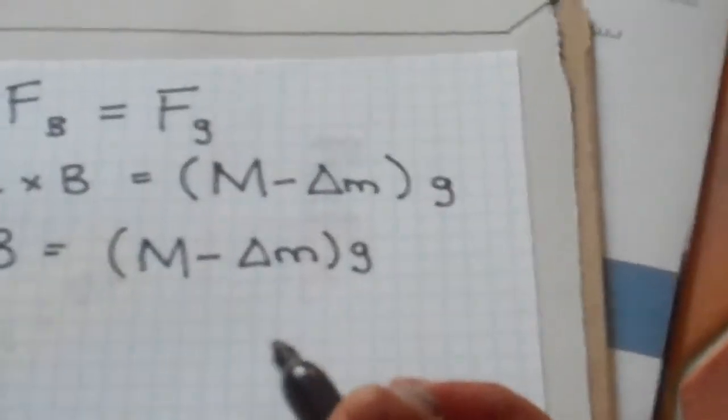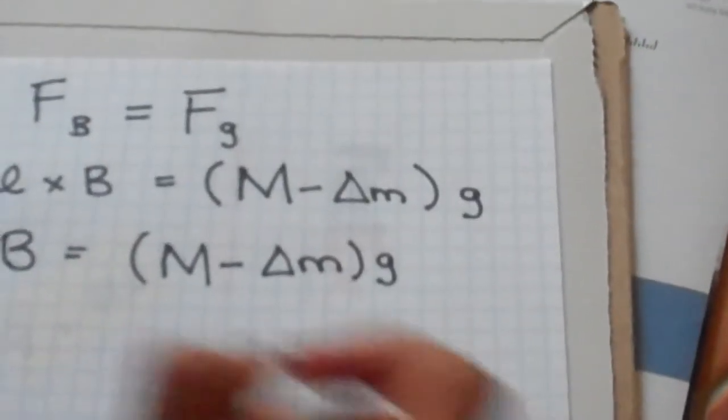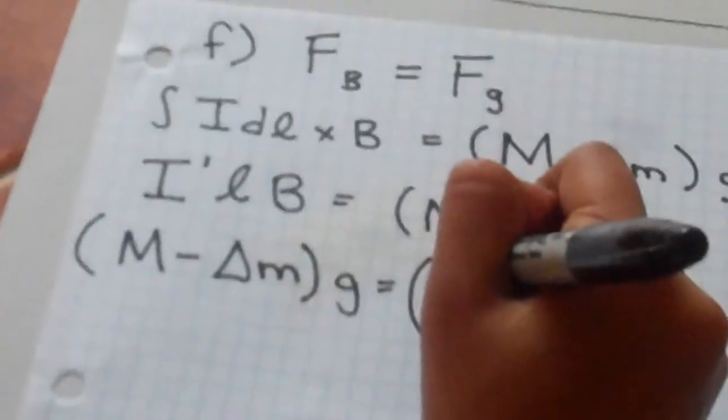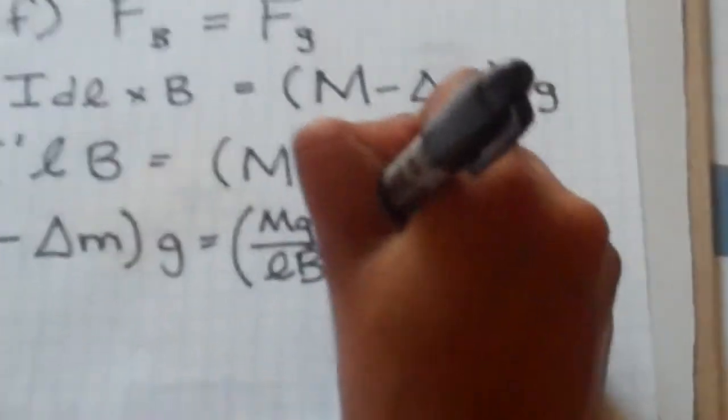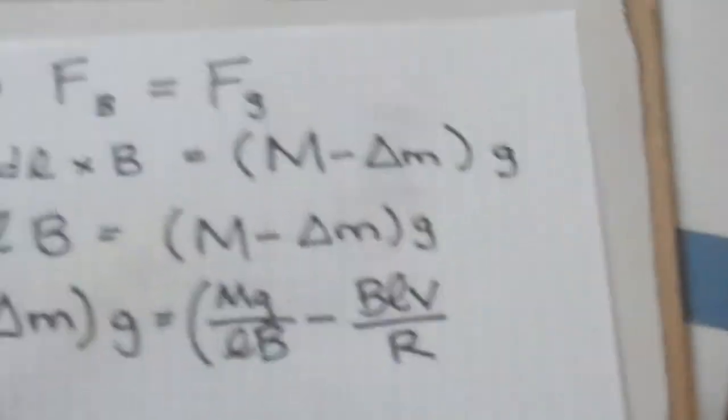Now we are solving for delta M. And this requires rather a lot of algebra because you have to sub in for I prime. So let's see how we can condense this. M minus delta M, I'm going to switch the sides here to make it easier, is equal to our solution from the previous problem. Mg over Lb minus BLV over R times BL.